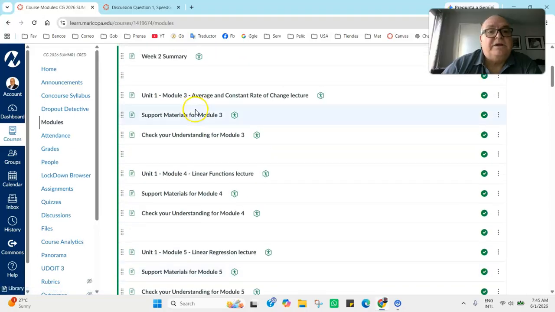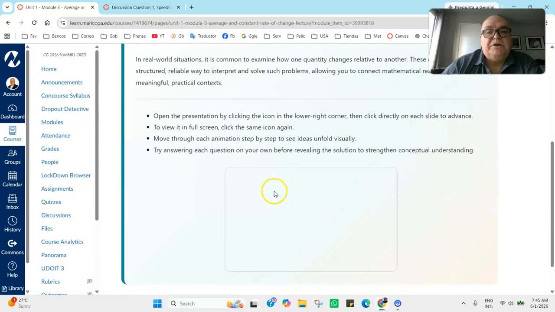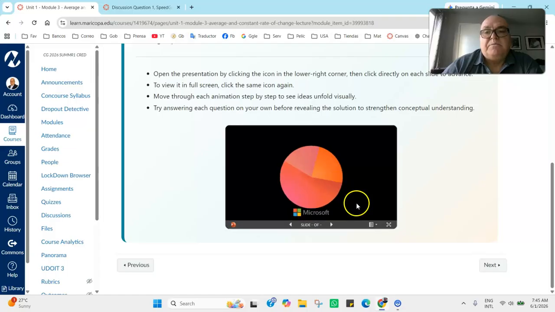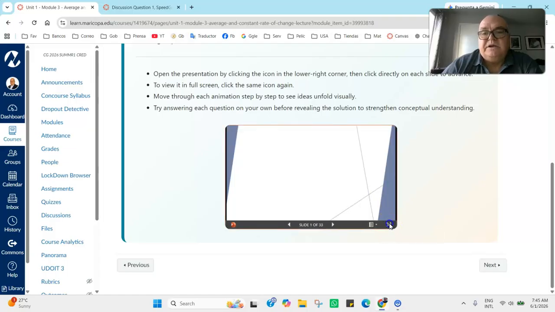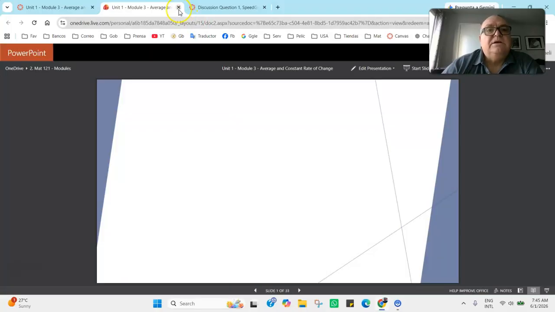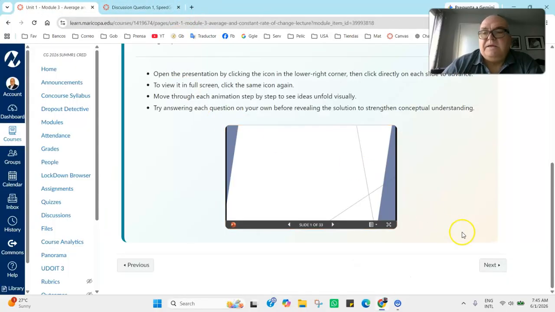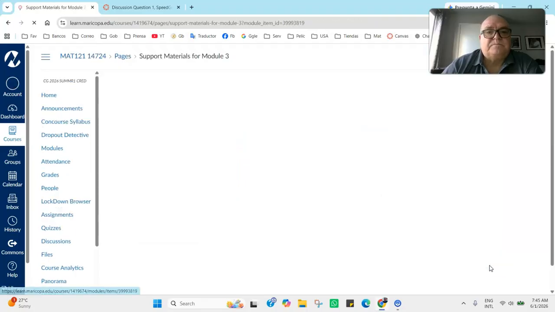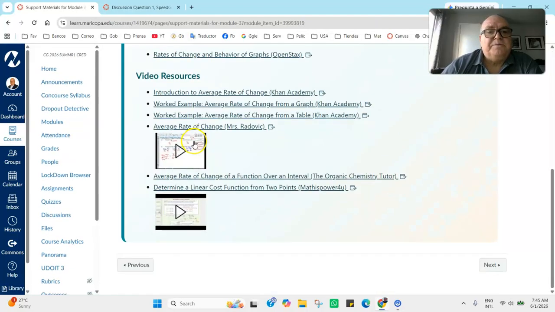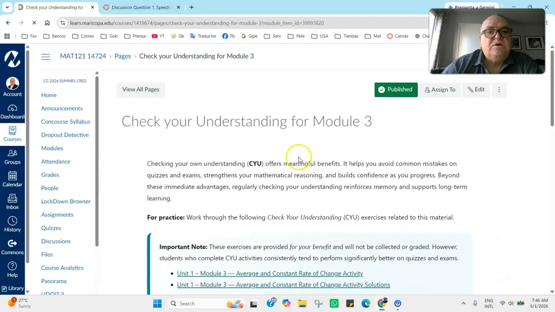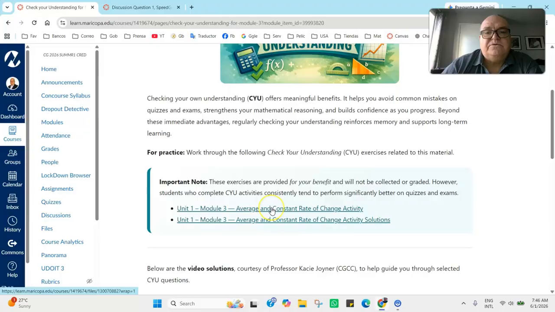So for this week, we have the average rate of change, Module 3. Here is the PowerPoint presentation. As you can see, it opens with no problem. And then next, the support materials. Then you have the check your understanding.